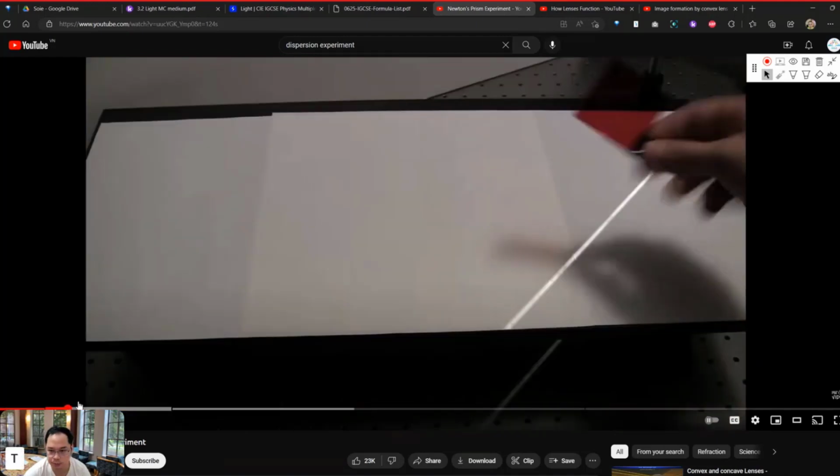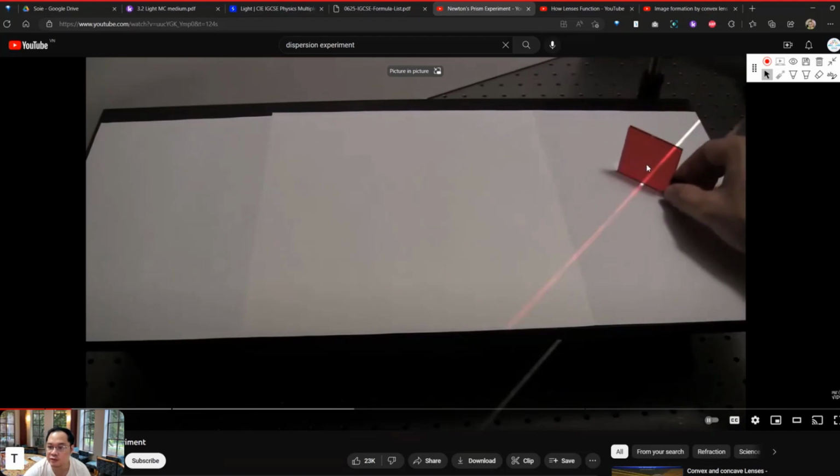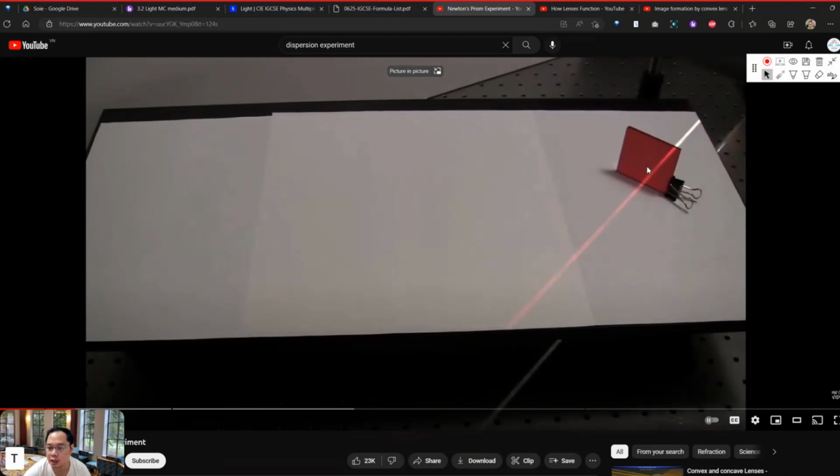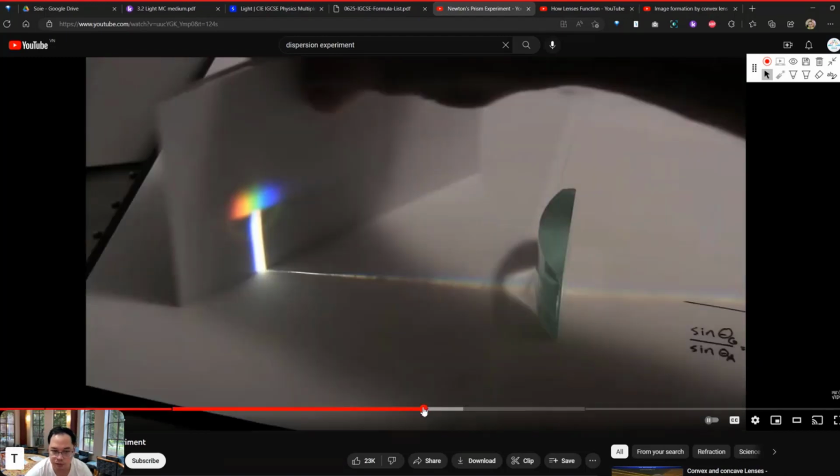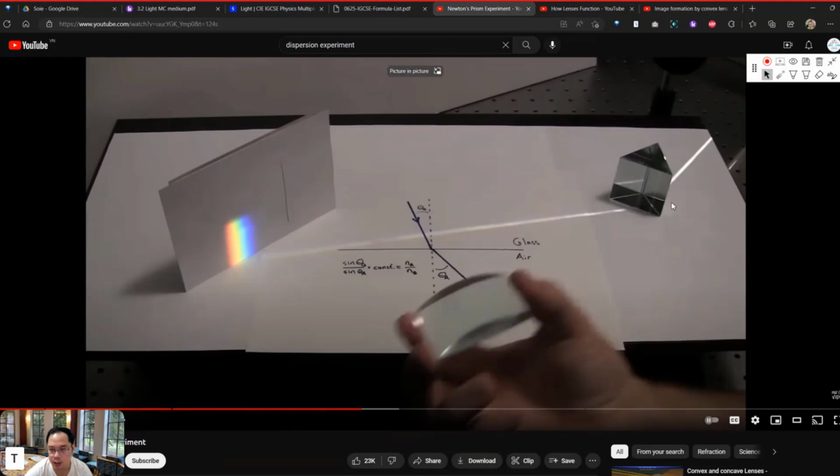This is just a red filter, which means it only allows the red color to pass through and blocks all other colors. The green, the blue, they all block. Okay, only the red color passes through this filter. But I want to show the experiment with no filter. Okay, here. This is the white light.